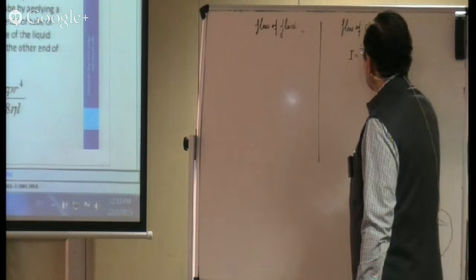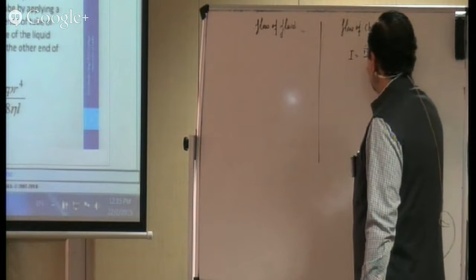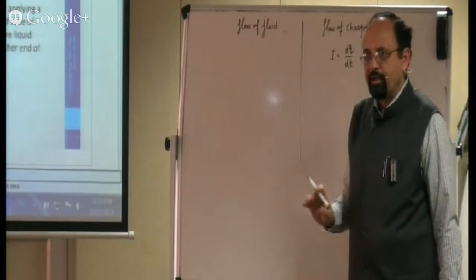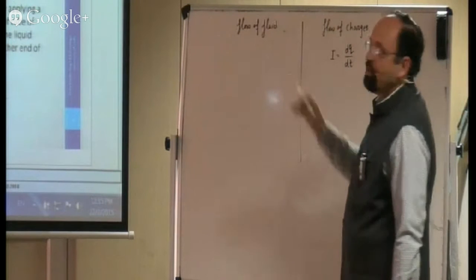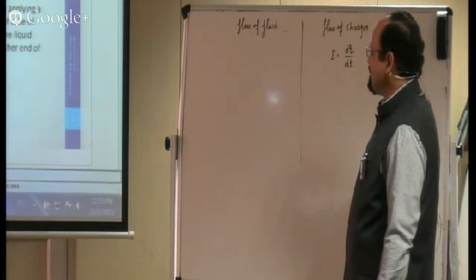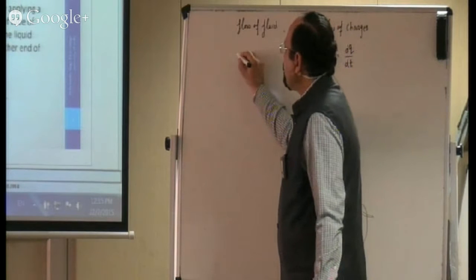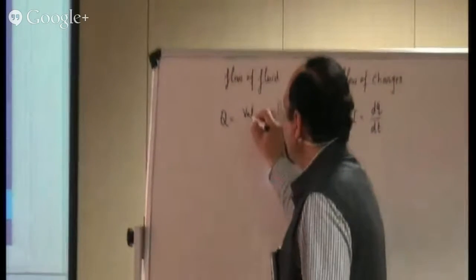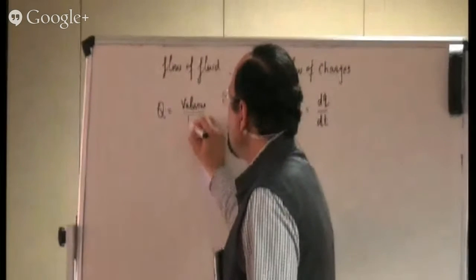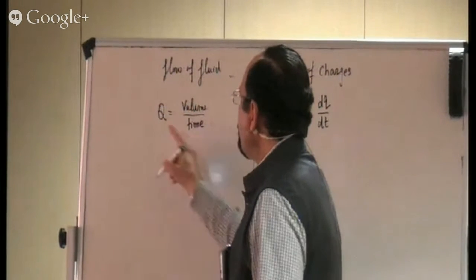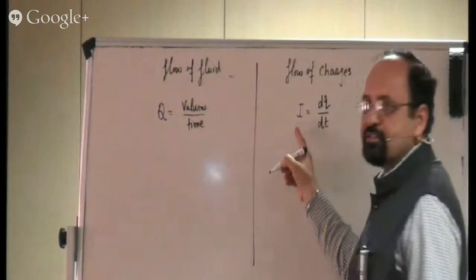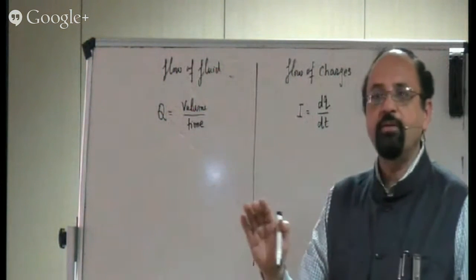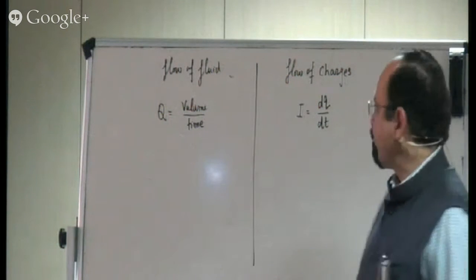So we represent this normally by dq by dt, where q is the charge and t is the time. We have a similar kind of concept in this case, and that is the volume flow per unit time, that is Q. This is the volume per unit time. You can say in this case, whatever is the role of the current, in the flow of liquid case, the same role is played by the rate of flow, Q.